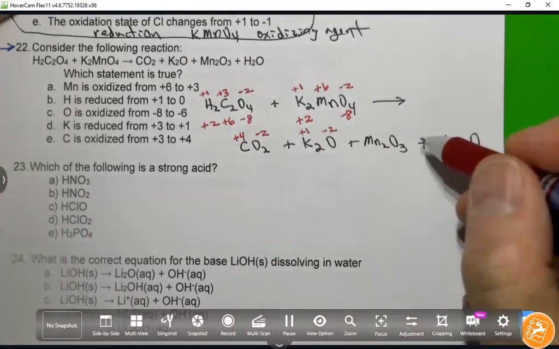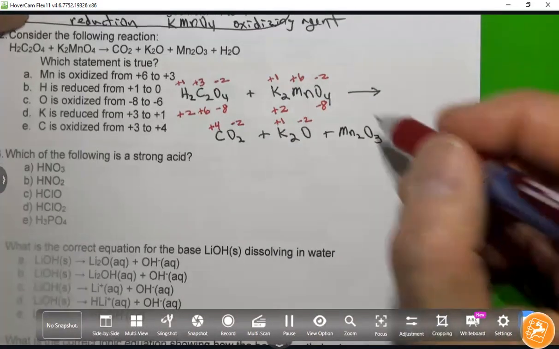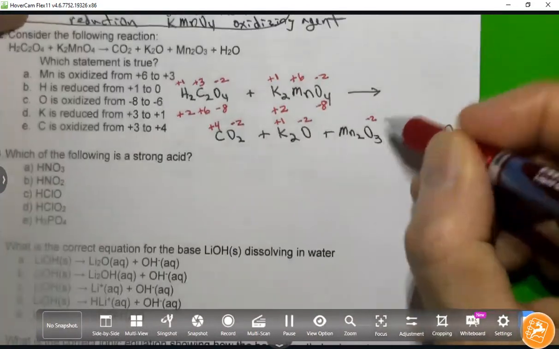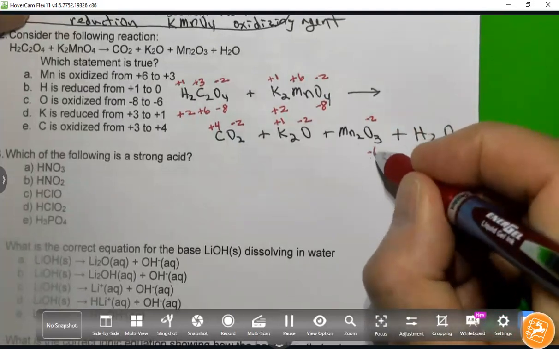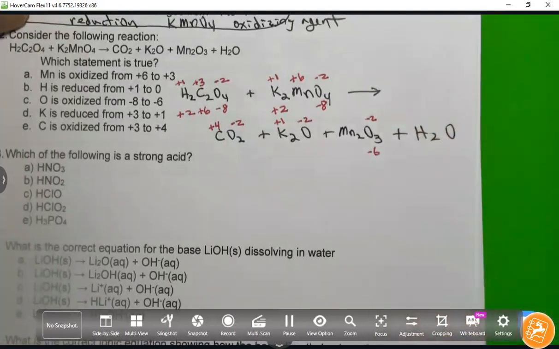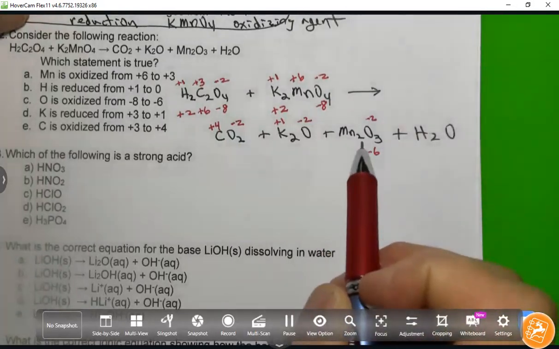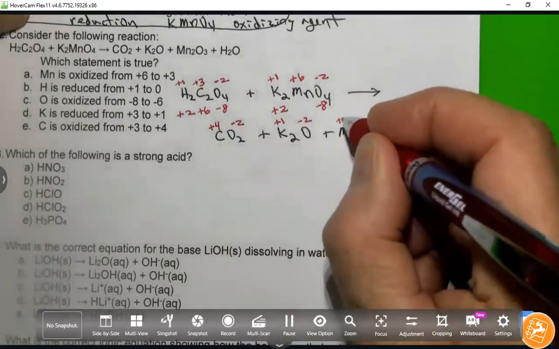Whoa, manganese is changing the way it looks. -2 for the 3 oxides. That gives us -6. So that makes these 2 manganese, each of them a +3.